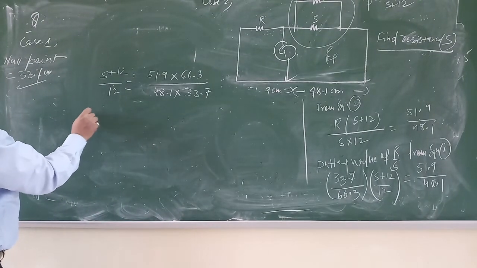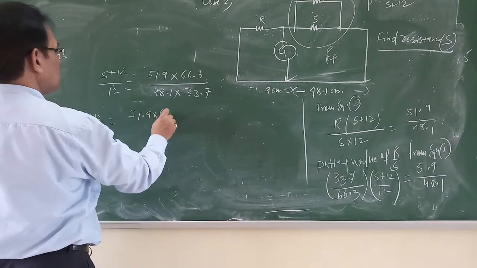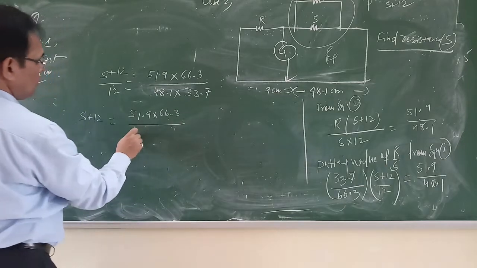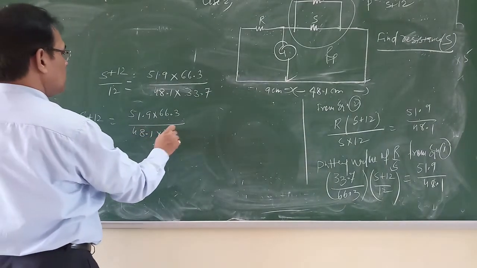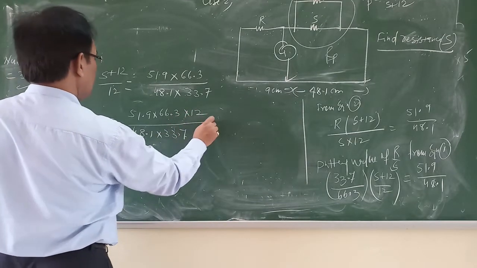Therefore, S plus 12 equals 51.9 into 66.3 by 48.1 into 33.7 into 12.